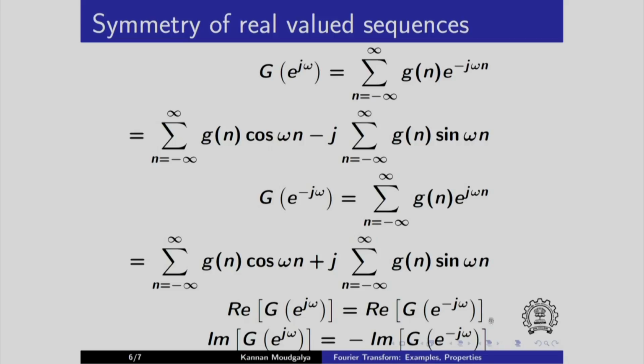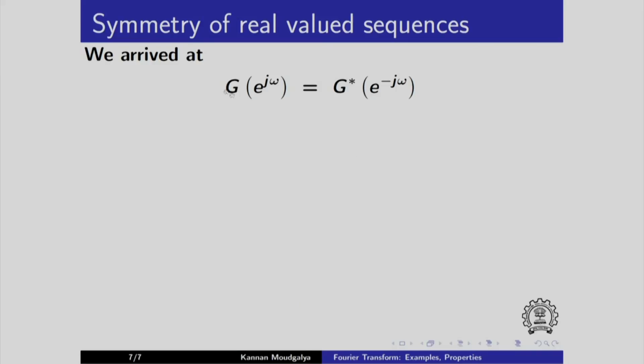So we see that these two are complex conjugates, and so we have arrived at G of exponential j omega equals G star of exponential minus j omega. This star means complex conjugate, that means real part is the same, imaginary part is negative of each other.